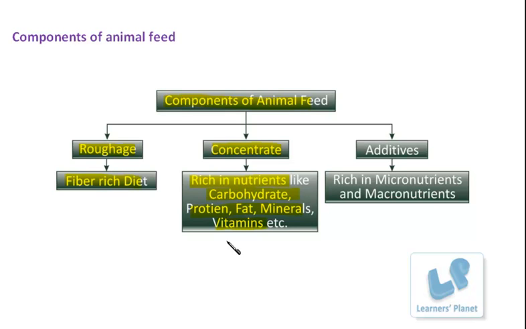Right. Next is the additives. Now these additives are the special elements which are added in the feed of the organisms, and they are rich in the micronutrients and the macronutrients. So the specific elements are given in the form of additives to the animals.